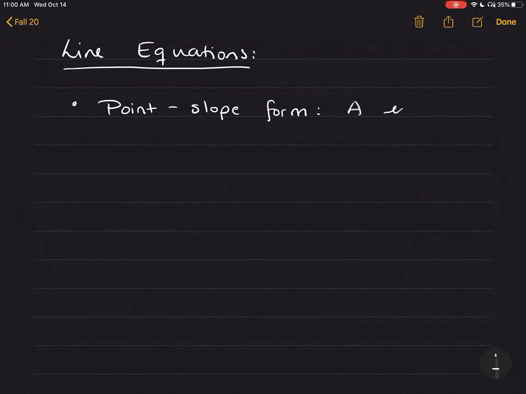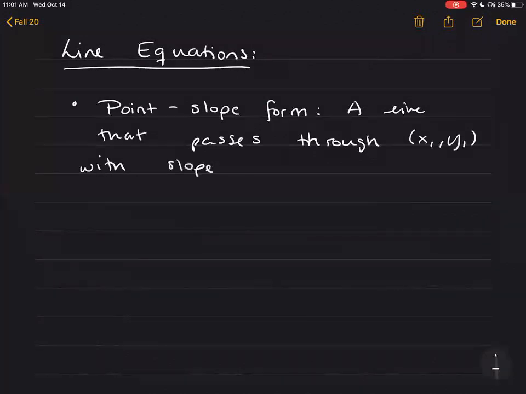A line that passes through the point x1, y1 with slope m is described by the formula y minus y1 equals m times x minus x1.